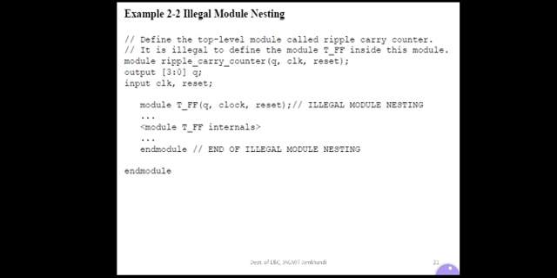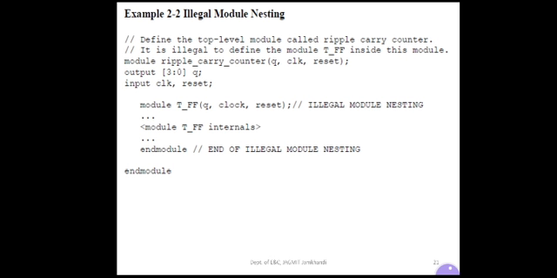Module within module is not allowed. So define the top level module called ripple carry counter. It's illegal. So this example is illegal. It is illegal to define the module T flip-flop inside this module. So observe how it is written. Such kind of experiment you should not do. Module within module will be erroneous.